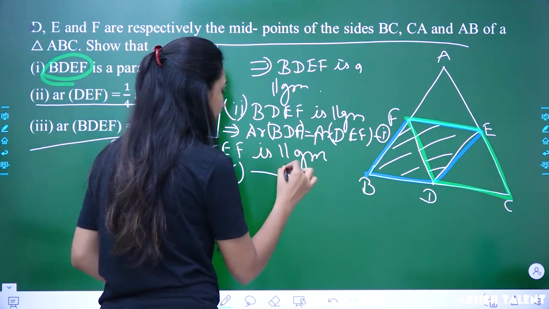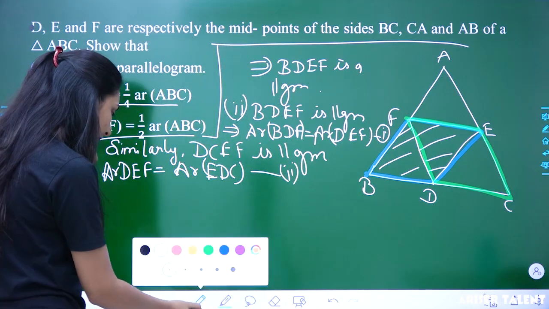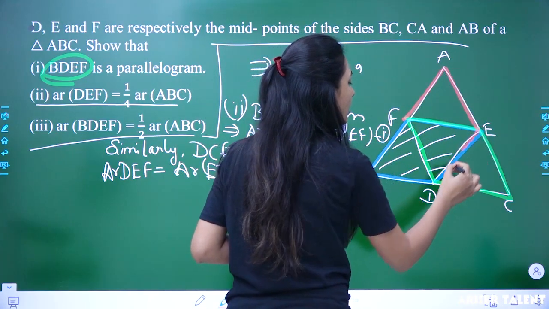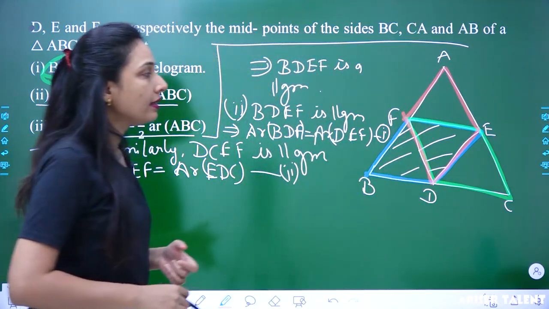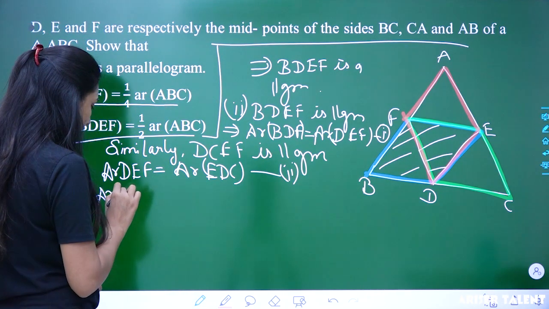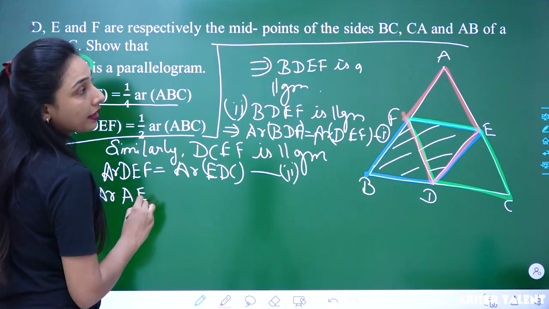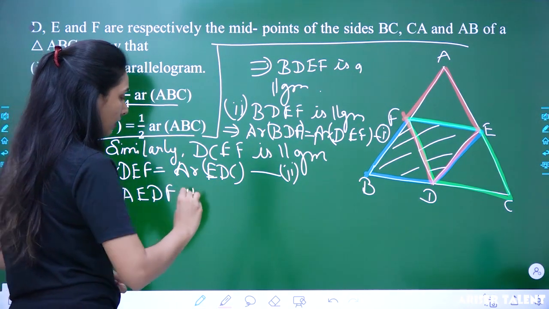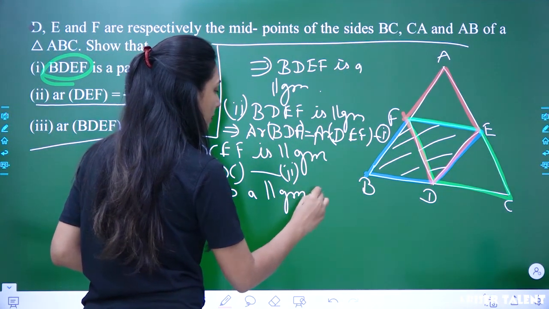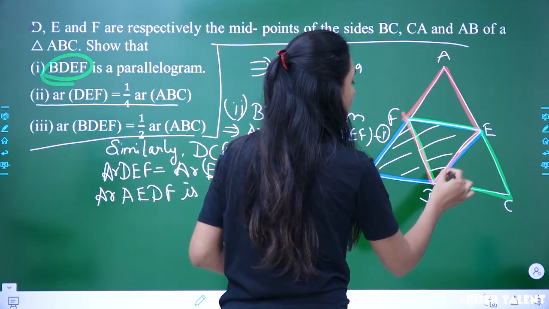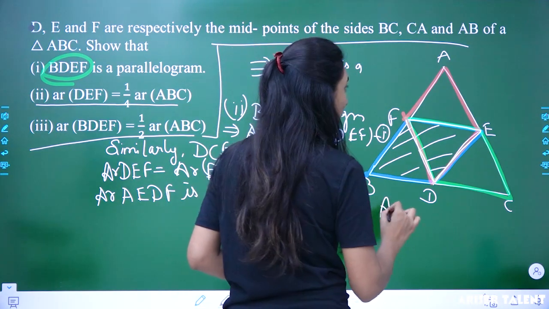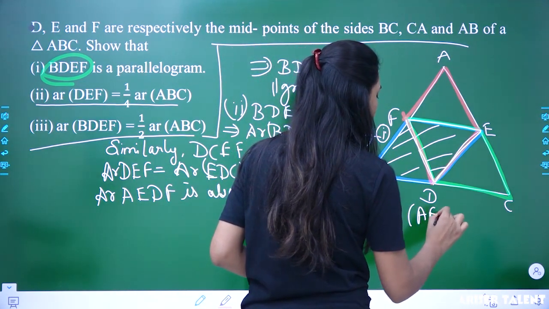And second thing. Now, we are having one more parallelogram here. Similarly, you can also prove that AEDF, okay, this area AEDF is also a parallelogram, which implies that this area DEF is equal to area AFE.